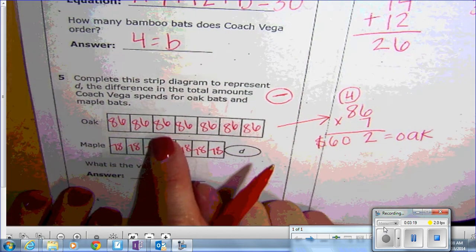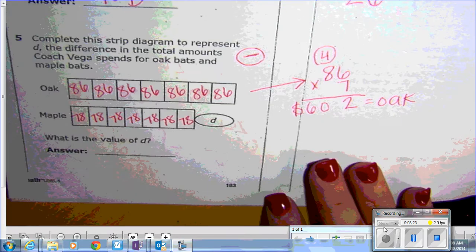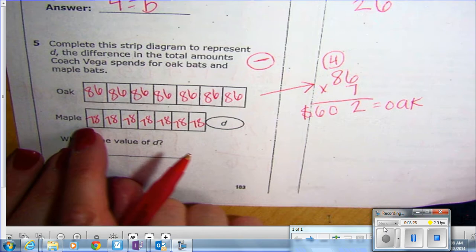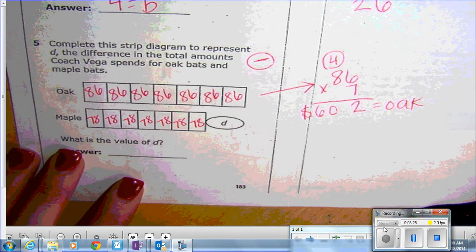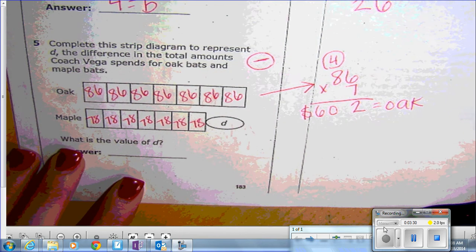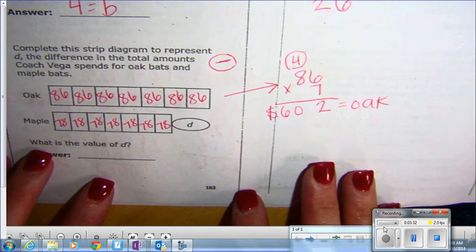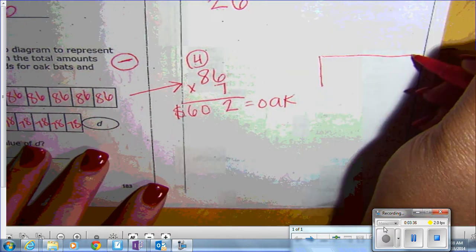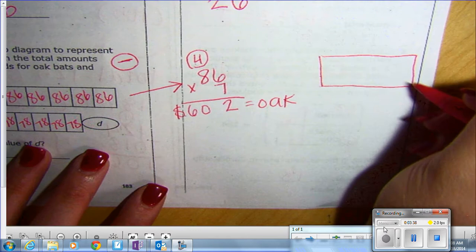Alright, so we know that there's 7 bats and there's $78 each. So what do I need to do to find out the total maple? What do you think? 78 times 7. So for this one, I am going to do the box. You can choose to do whatever works for you.